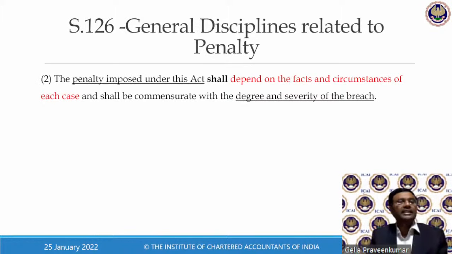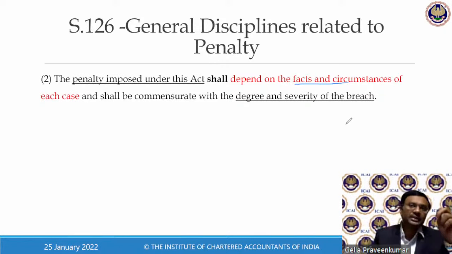Point number 2. The penalty imposed under this act shall depend on the facts and circumstances of each case and shall be commensurate with the degree and severity of the breach. What they say, under CGST, if you want to levy a penalty, please examine the facts. Like Akshay, he was putting his point.